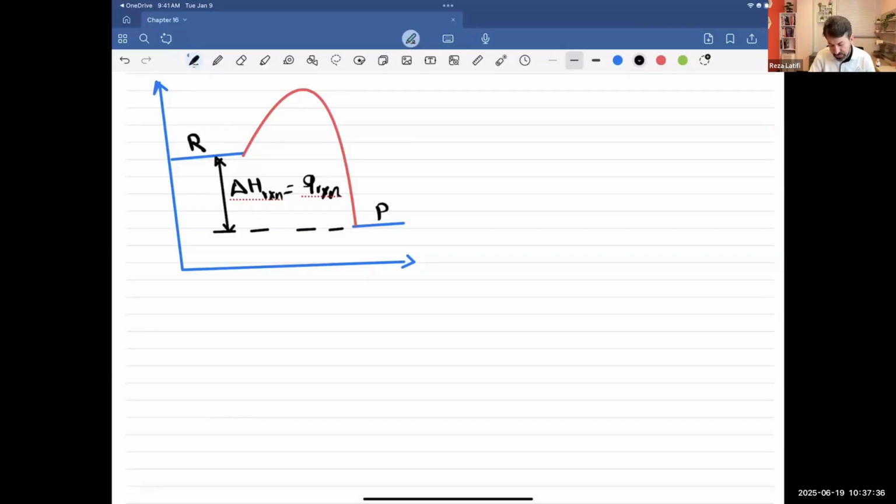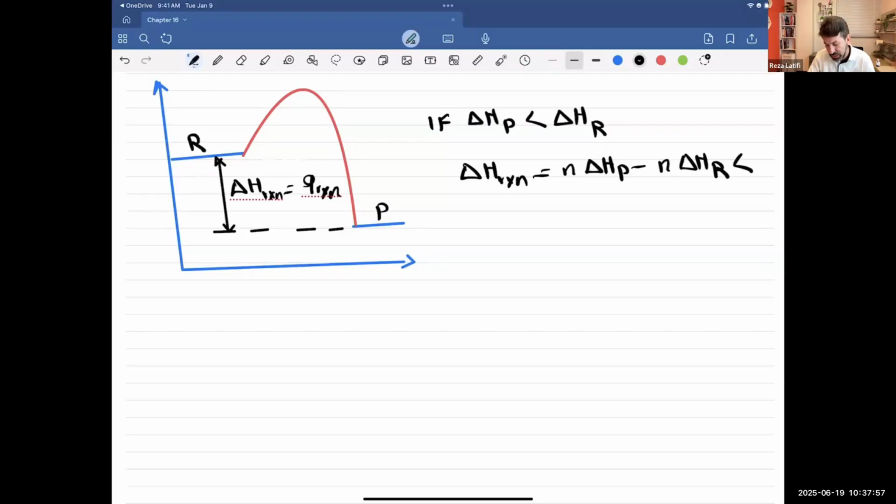If the energy of the product is less than that of the reactant, in that case, delta H of the reaction is equal to the number of moles times delta H of the product minus the number of moles times delta H of the reactant. This number will be negative. That means it will be exothermic, it will release heat. So the sign for Q will be negative, and delta H is also going to be negative.